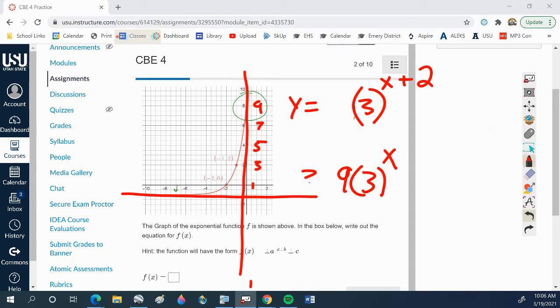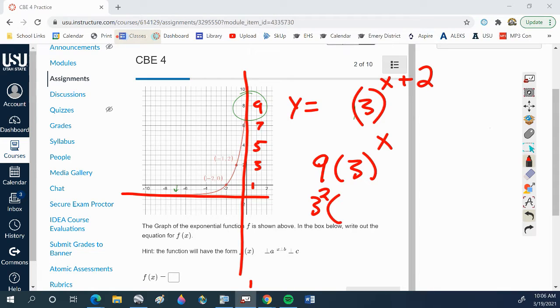This is 3 times 3, right? This might make more sense. Right? So what is 3 times 3 times 3 to the x? It's the same as that. That makes a lot more sense. So 9 times 3 to the x, well, this is just 3 squared. Yeah, that's way easier.